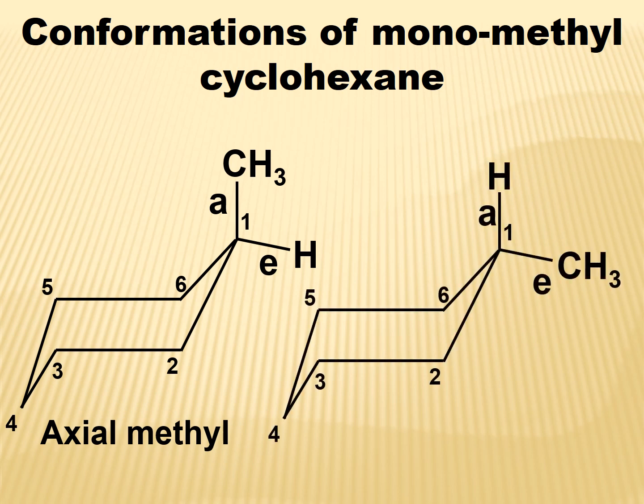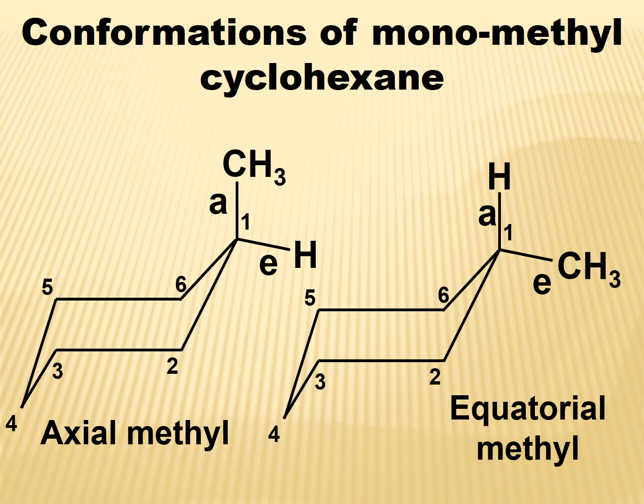And in this case the equatorial hydrogen is replaced by a methyl group. So this is called equatorial methyl cyclohexane. These are the two conformations that are possible.